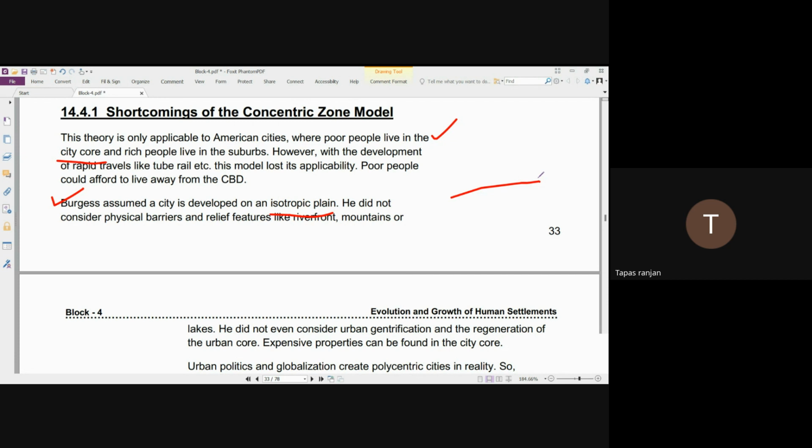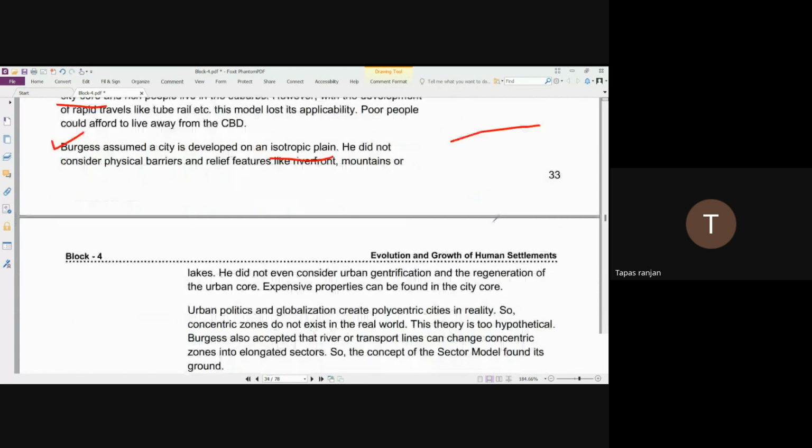Then you have a river. So all these are different physiographic features. So you cannot simply assume that all cities are settled in an isotropic plane. That is another problem.